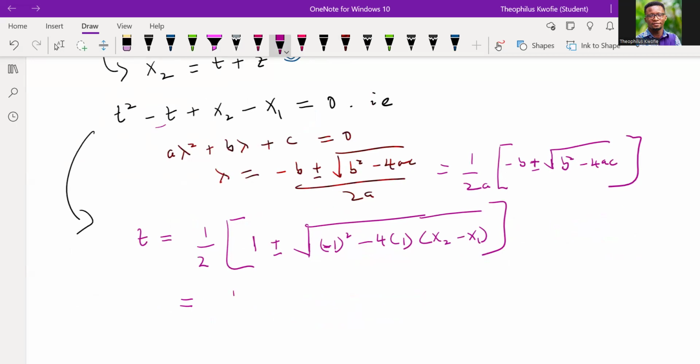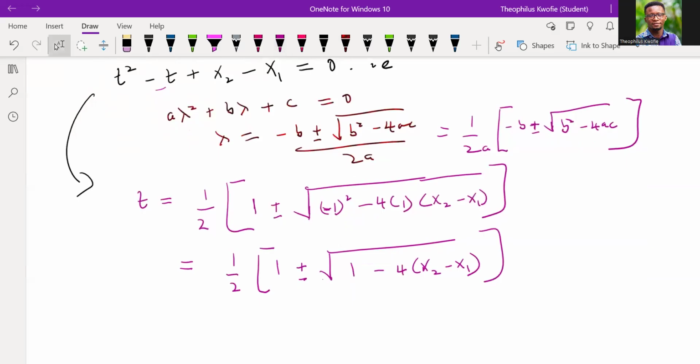Now let's try and simplify it a bit and see what we can get. So we have 1 minus 4 multiplying x2 minus x1. Is that okay? Good. So now we have this. So it means that over here we can have two solutions, right? It's kind of obvious that we can have two solutions here.